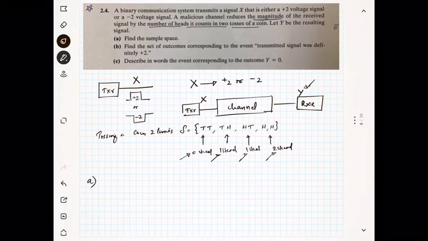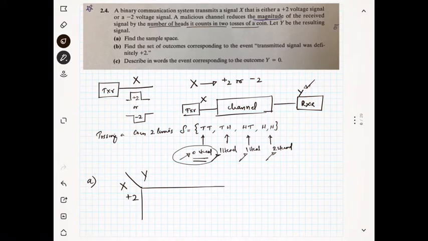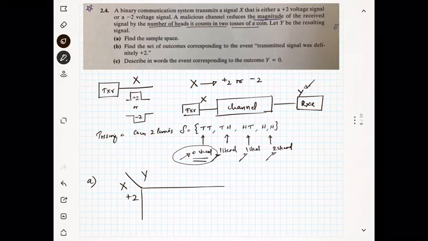So we will find what the sample space is. I am going to represent x like this and y here, and I transmit +2. Sometimes I get the 0 head case, that means no change, and then y may also be +2.